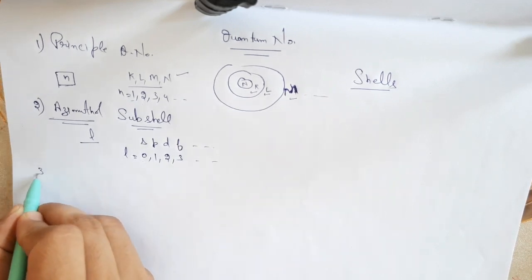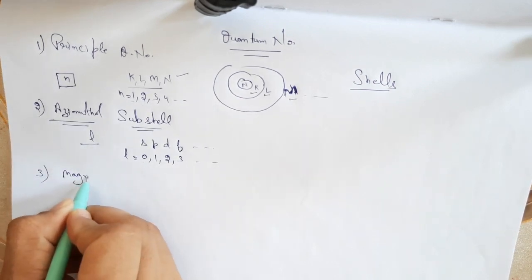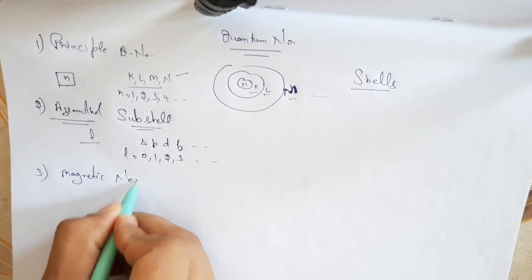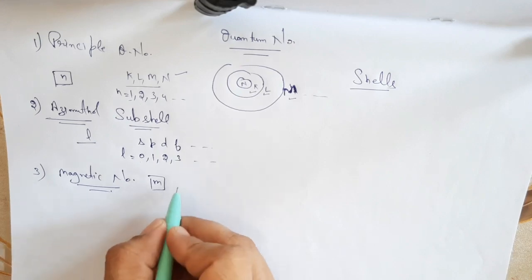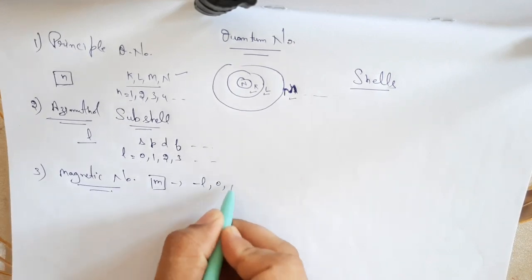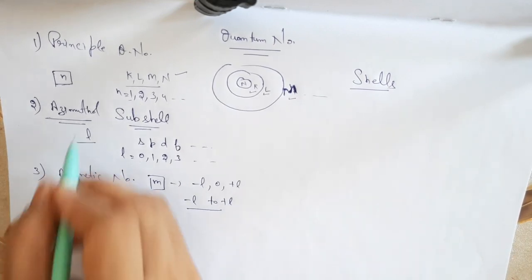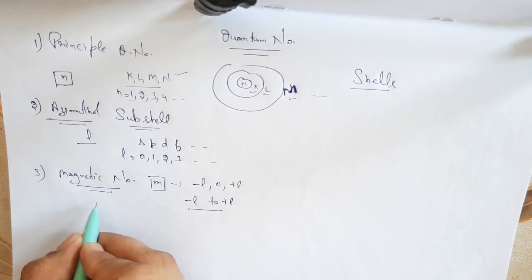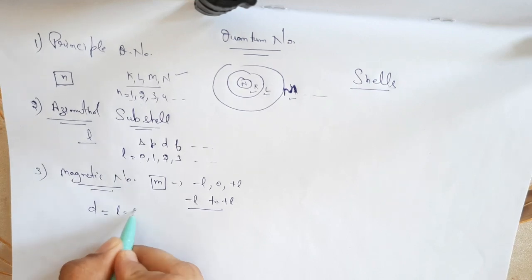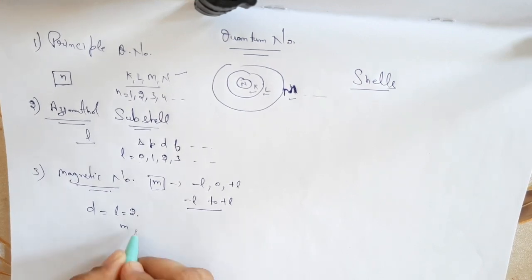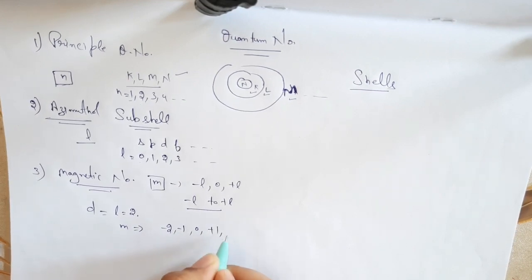Now the third type of quantum number is the magnetic quantum number. It is represented by m. Its value ranges from minus l to plus l, where l is the azimuthal quantum number. Let us suppose the d subshell. For the d subshell, the value of l is equal to 2. Thus the values of the magnetic quantum number will be minus 2, minus 1, 0, plus 1 and plus 2.